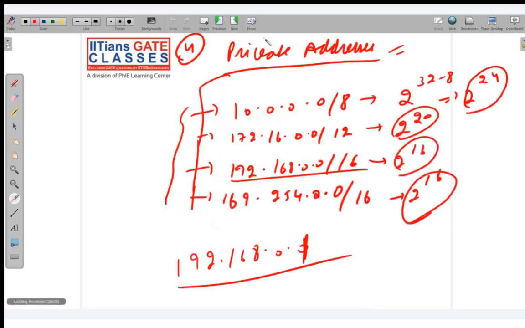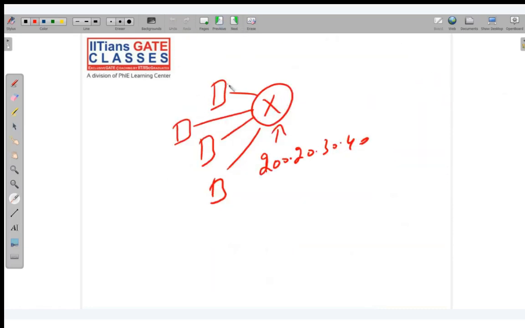So this router will assign each of you some private address, and if you have done work on LAN, manually we assign 192.168.0.1 and then 192.168.0.2 and so on.